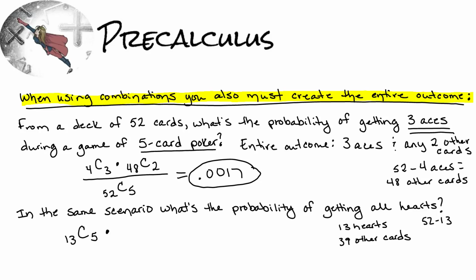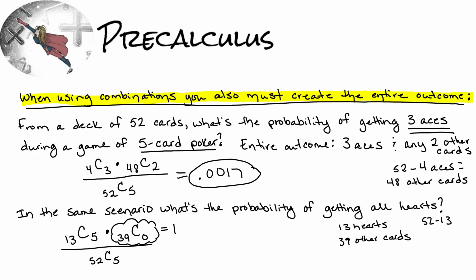So if you're getting all hearts, that means out of the 13 hearts, you're going to choose all 5 cards. And out of the other 39 cards, you're going to choose none. And then the bottom is still 52 choose 5. And this 39C0 is optional, because 39C0 is just equal to the number 1 if you punch it into a calculator.